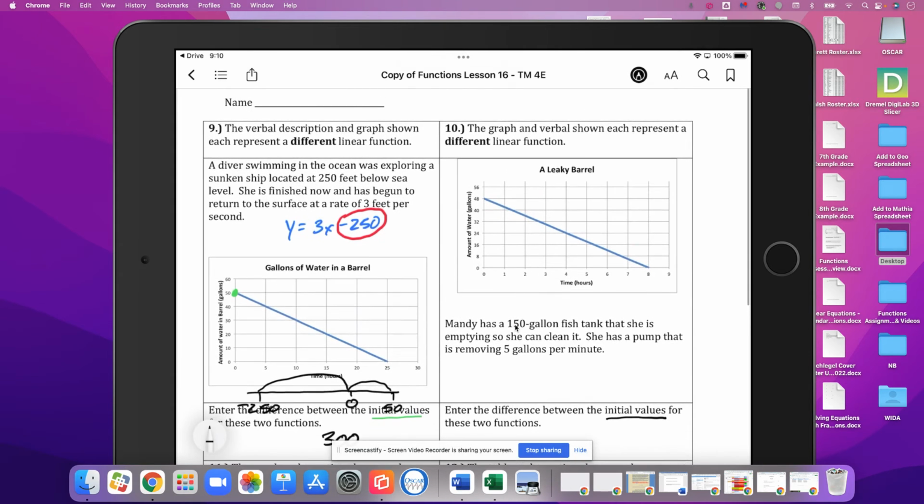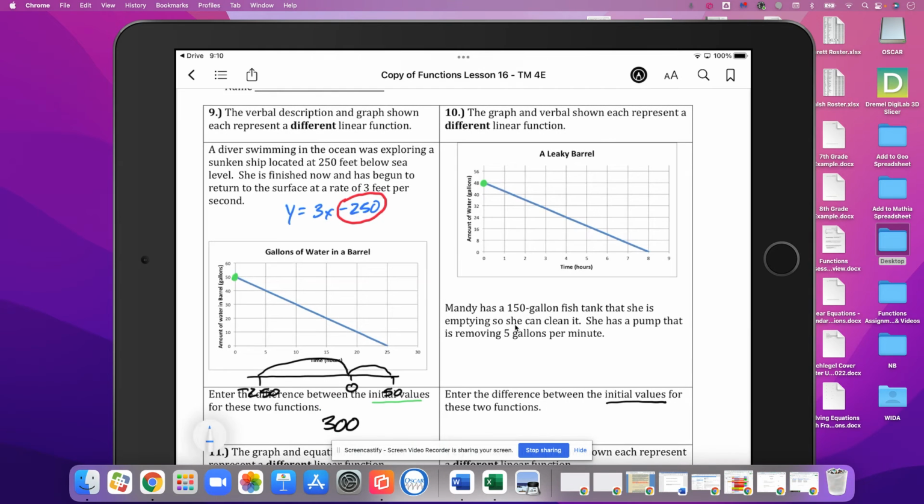initial values for number 10. We have an initial value of 48 on our graph. And Mandy has a 150-gallon fish tank. She is emptying it to clean it. Pump removes 5 gallons per minute. So let's write an equation for that really quick. The pump is removing 5 gallons per minute, so that's a rate of change of -5.